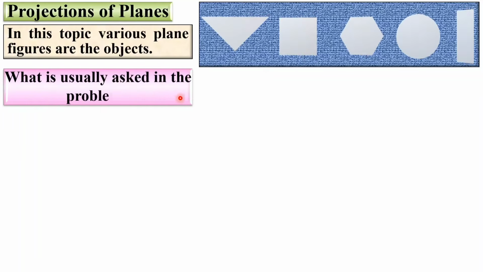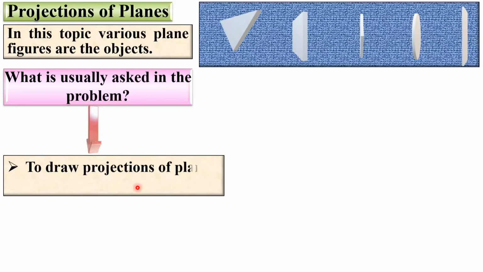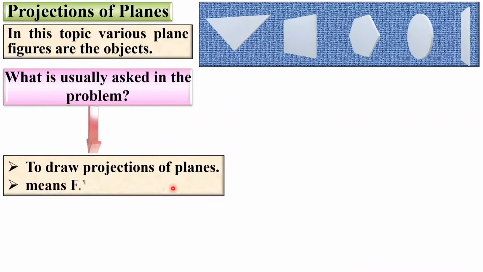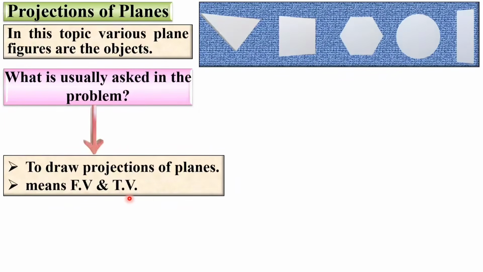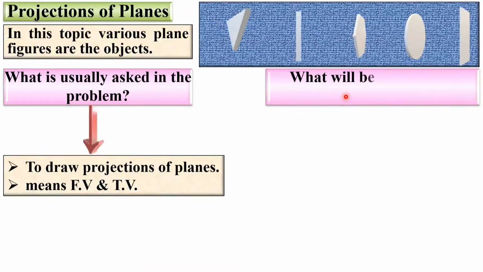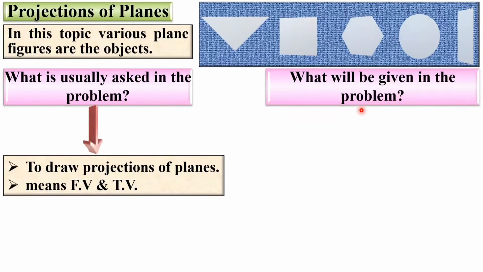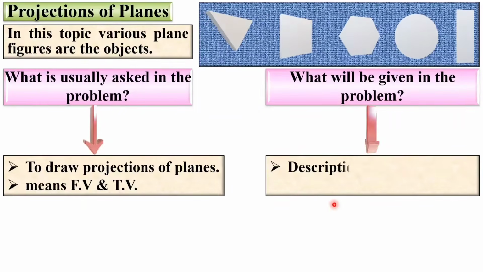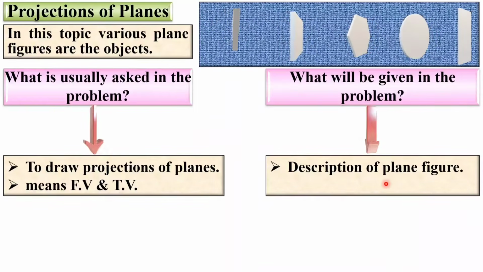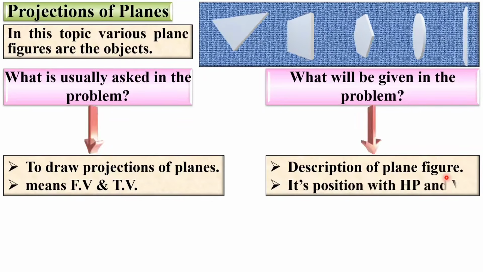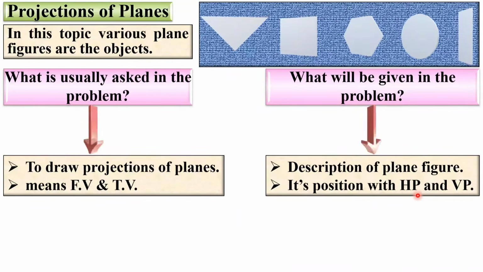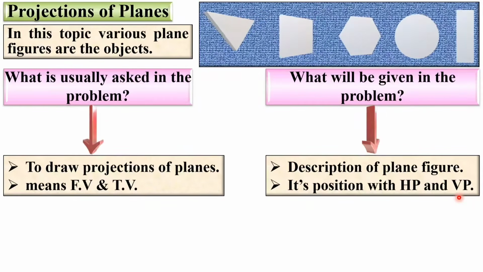Now what is usually asked in the problem of projection of plane? To draw the projections of planes means you have to draw the front view and top view. Now see what will be the given information about the plane. First one, description of the plane figure, that means its position with respect to the horizontal plane and vertical plane.